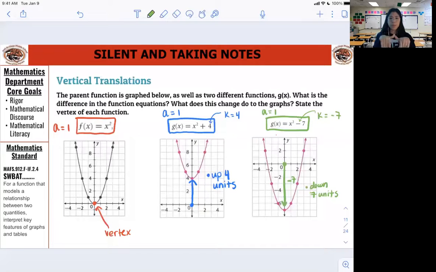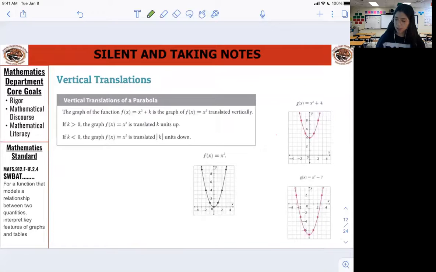It's not going to make it flip or go crazy. It's just going to move it up and down. That's all. Any questions on that? Okay. So this is a vertical translation.